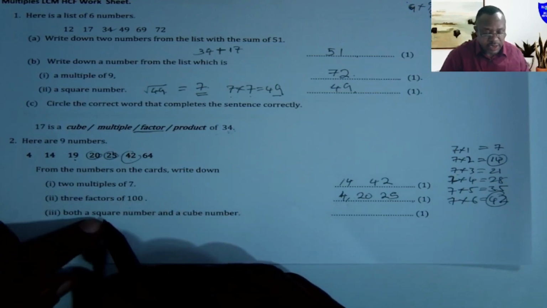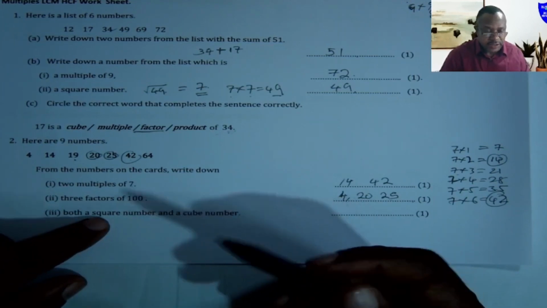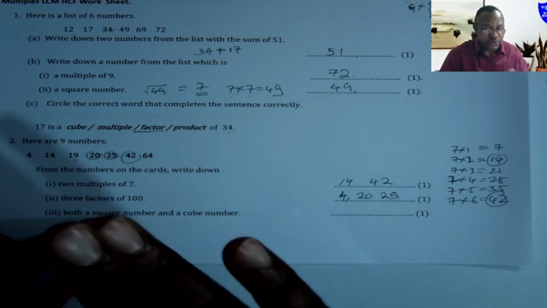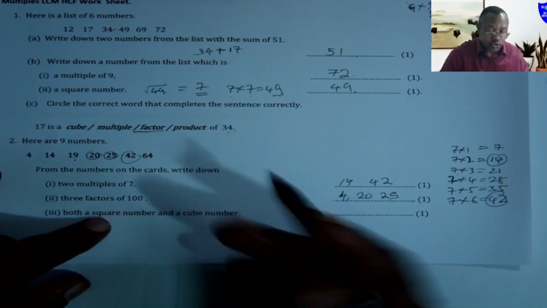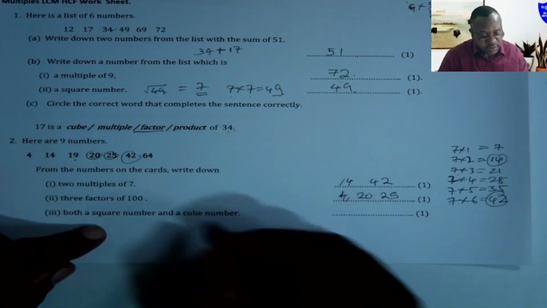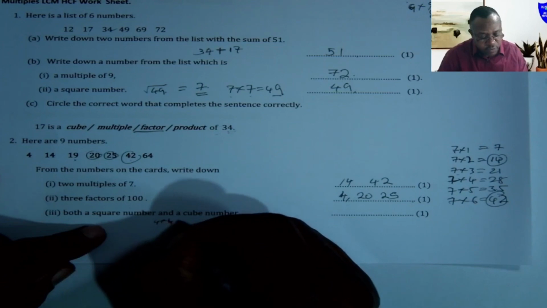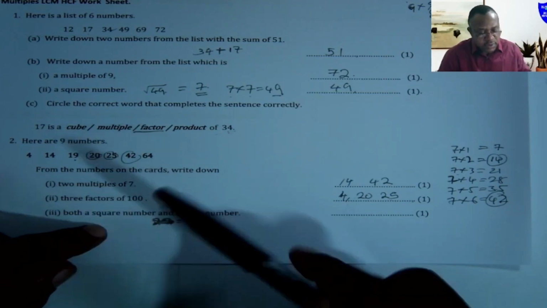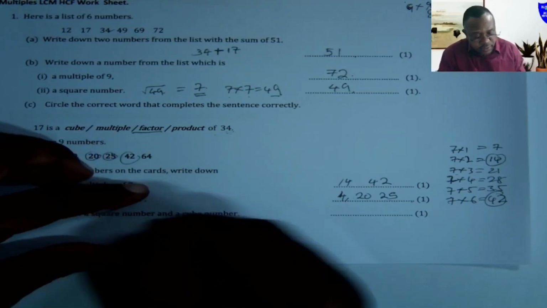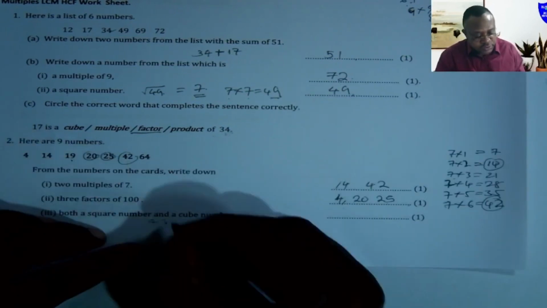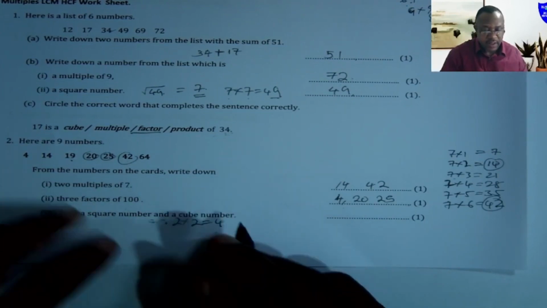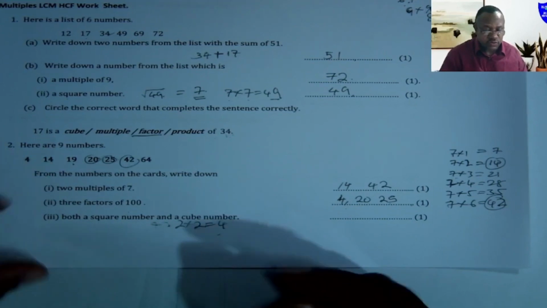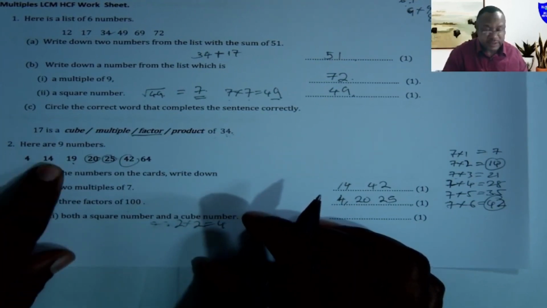Remember, a square number is a number that is found by multiplying exactly 2 equal numbers. 4 is a square number because 2 times 2, beg your pardon, 2 times 2 will give us 4. Therefore 4 is a square number. 14 is not a square number.